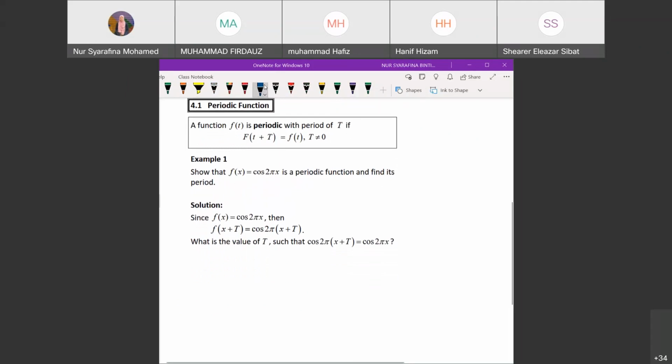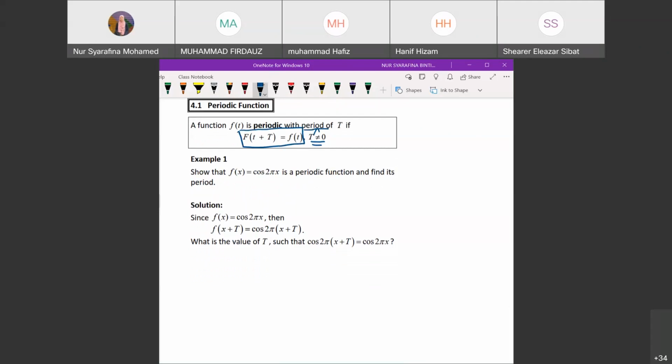A function of t is periodic with period T if f(t+T) equals f(t), where T is not equal to 0, and T is the period time.